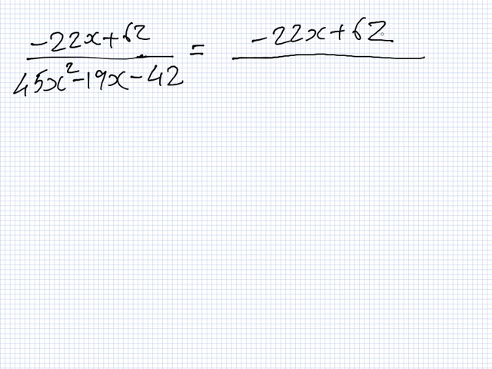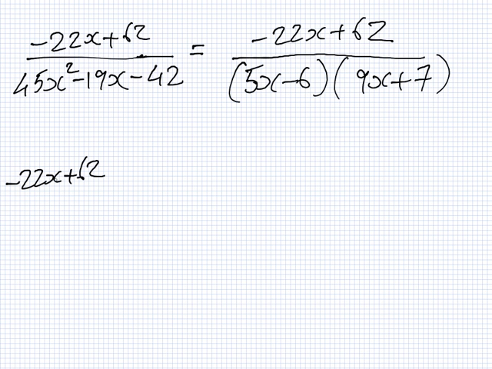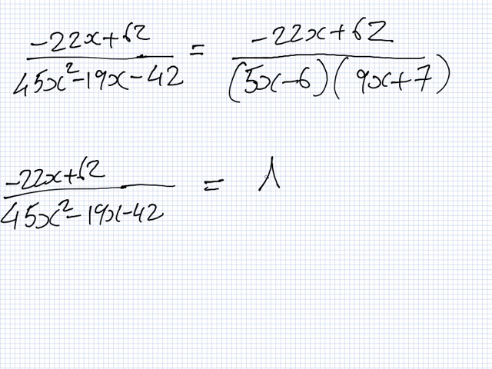The factors are, firstly, 5x minus 6, secondly, 9x plus 7. So we think that this should equal a over 5x minus 6 plus b over 9x plus 7.